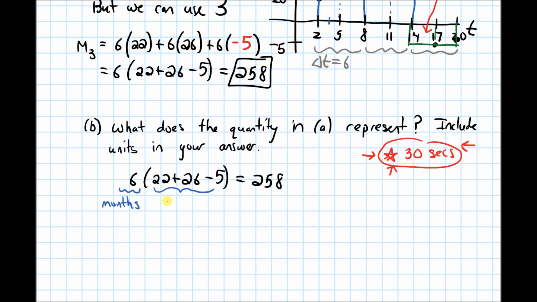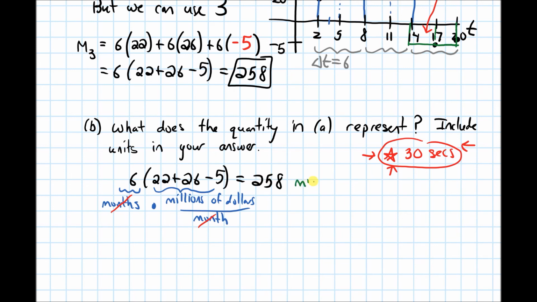Profit growth was measured in this problem in millions of dollars per month. So we're multiplying months by millions of dollars per month. And doing that, the months on the top will cancel with the month on the bottom and just give us millions of dollars. And that's the unit of 258.